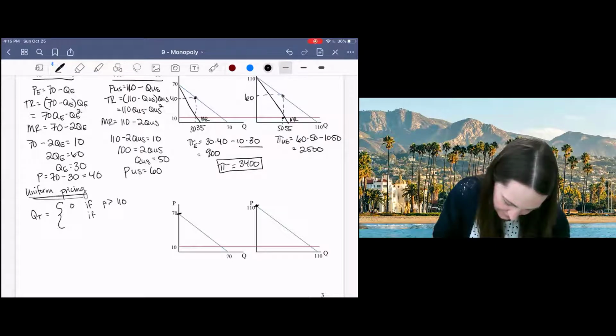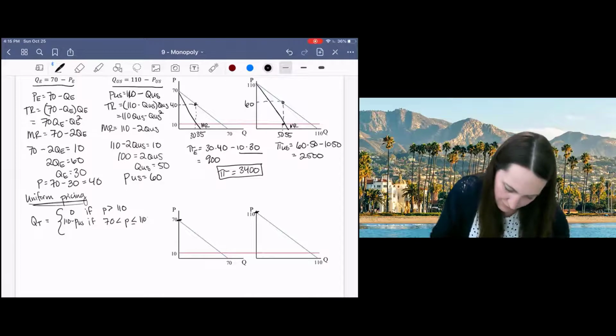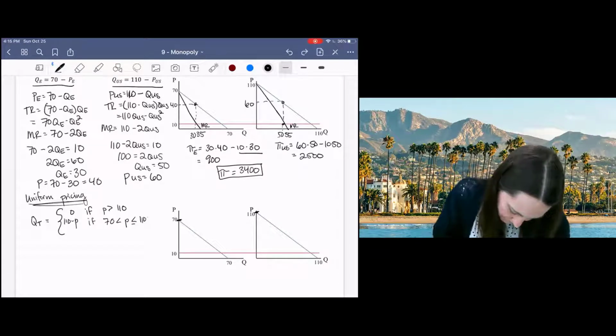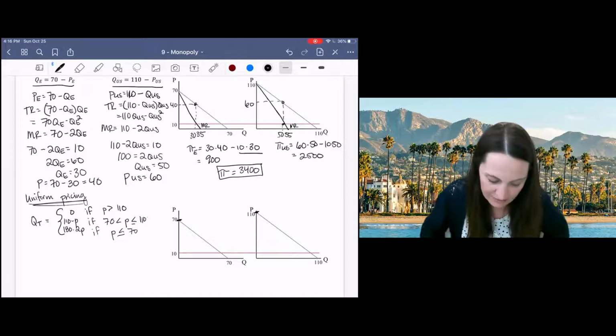If the price is between 70 and 110, then we will have demand just from the US market. So the demand curve would be 110 minus price. And if the price is less than 70, then we'll have demand from both markets. So that would be 180 minus 2 times price.